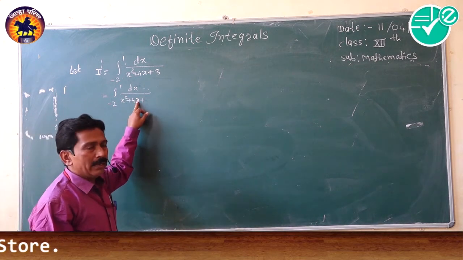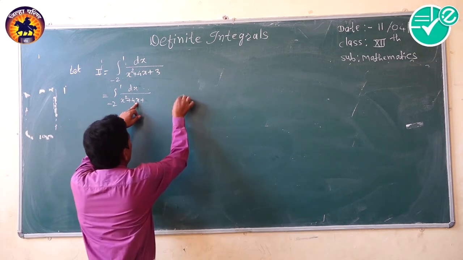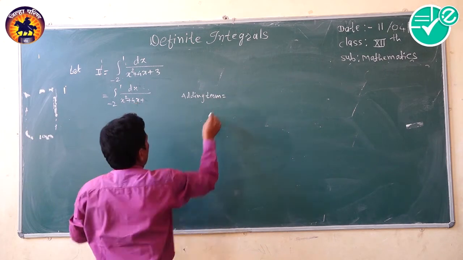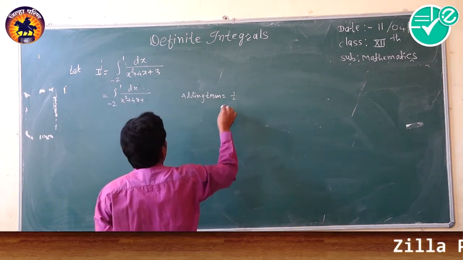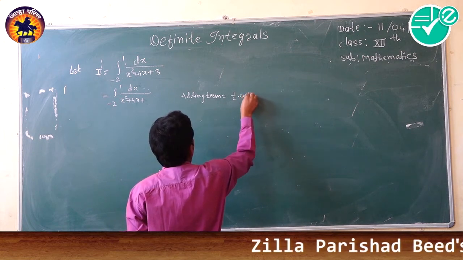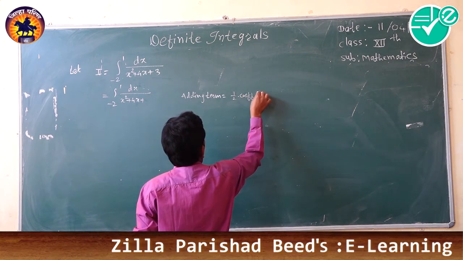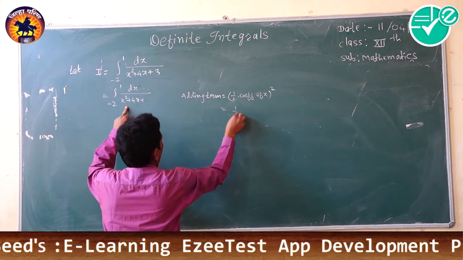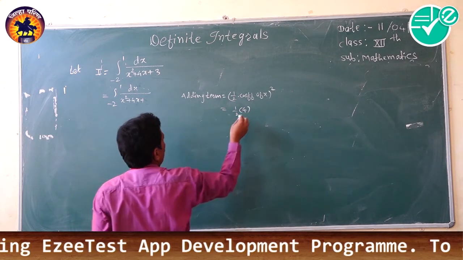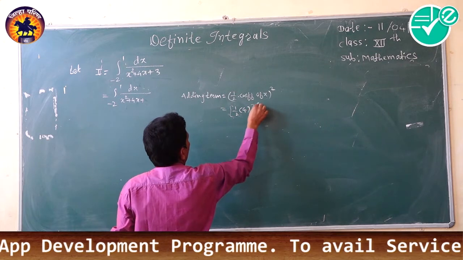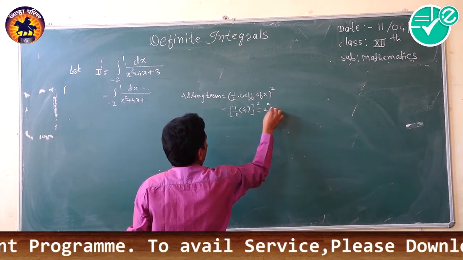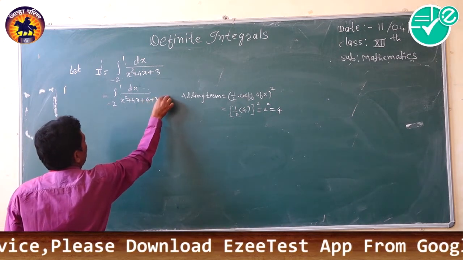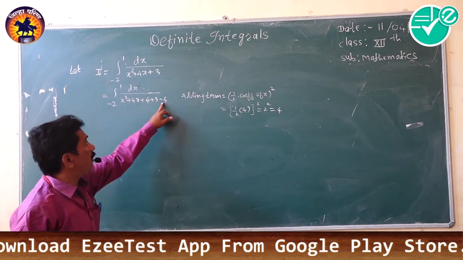Now we have to add here this term, that is, 1 by 2 into the coefficient of x, bracket square. Now this is equal to 1 by 2 into 4, bracket square. This becomes 2 square is equal to 4. Therefore we can take here plus 4 plus 3 minus 4. That is, we have adjusted plus 4 minus 4.